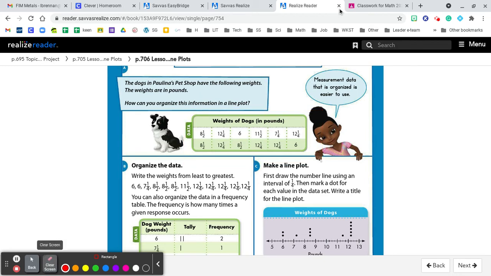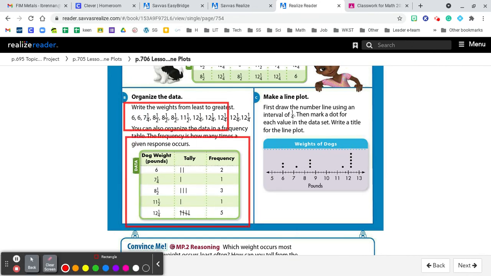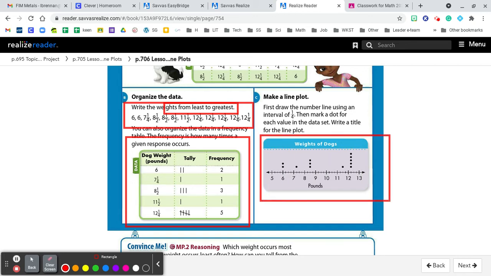After that, they are coming down here and organizing the data. They might write the data from least to greatest and then put it in a table, and that is a really good strategy. Writing it from least to greatest is a really good strategy. And then you can make your data table, and then you make your line plot. And you can watch the video on Savvas if you'd like to go through that a little bit more.